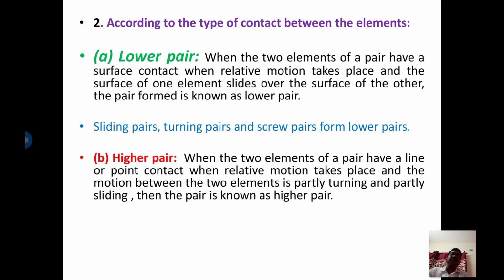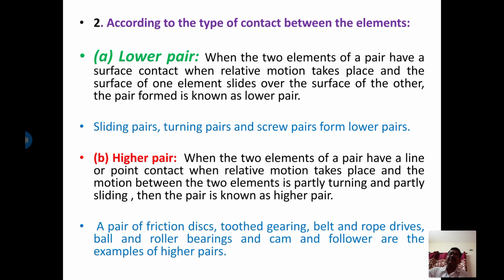When two elements of a pair have line or point contact, and the relative motion between the two elements is partly turning and partly sliding, then the pair is known as a higher pair.